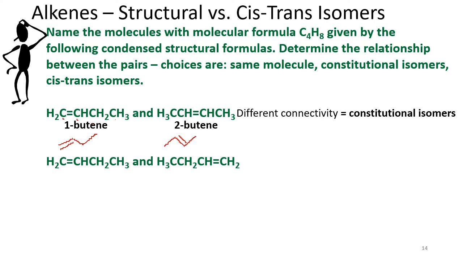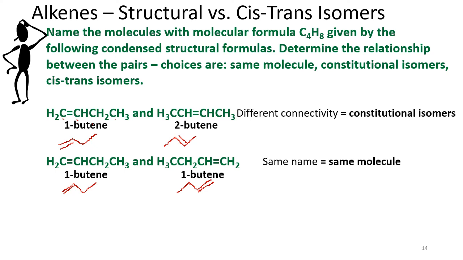Let's do the same thing for the pair below, and drawing it again, we've got 4 carbon atoms. 1, 2, 3, 4. That's 1-butene again. And then we look 1, 2, 3, 4. That's 1-butene, just drawn differently. So that's the same molecule.